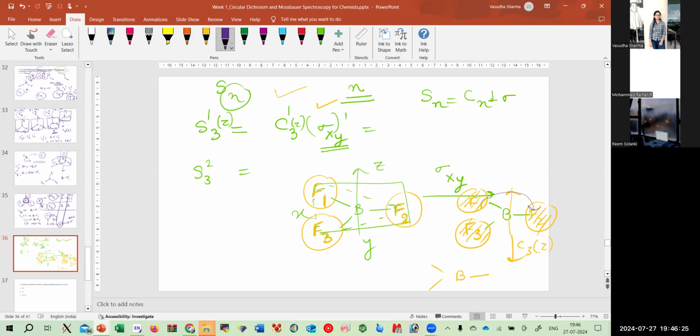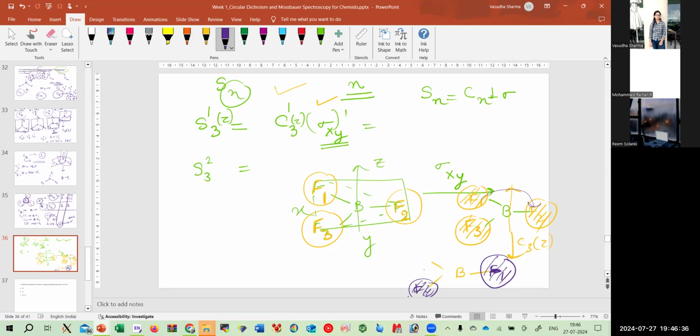F1 will come here, but the bisecting is still happening. F2 will come here and F3 will go here. Clear? Yes, ma'am. Clear.